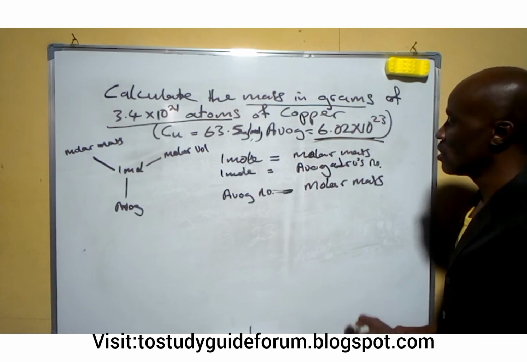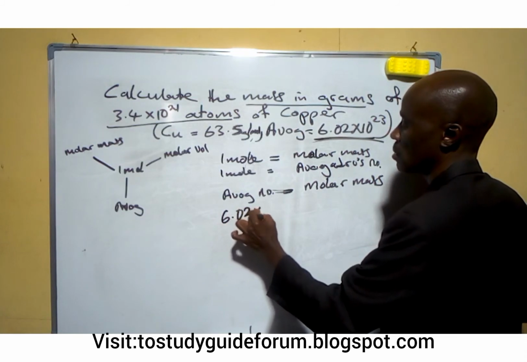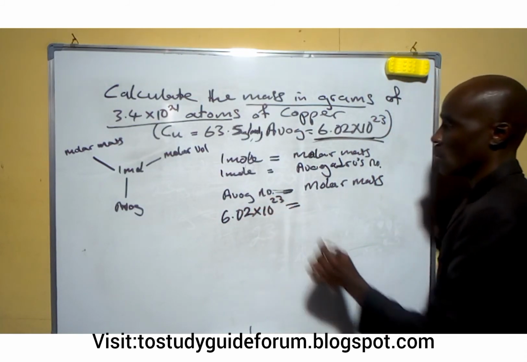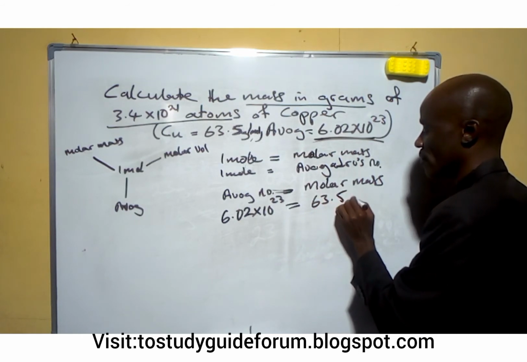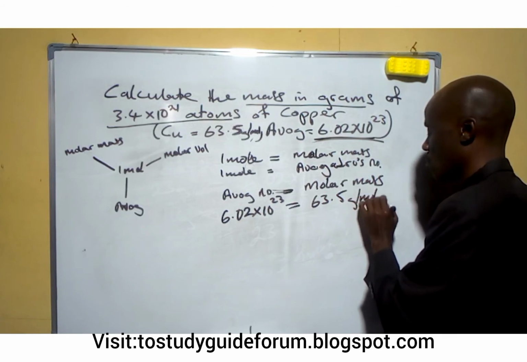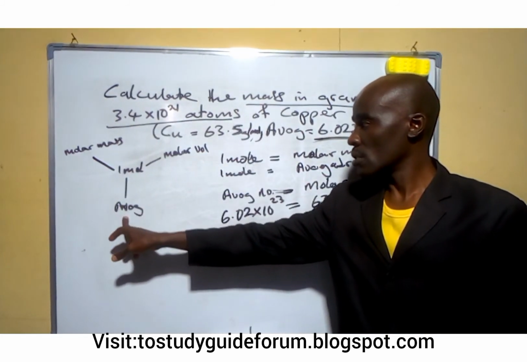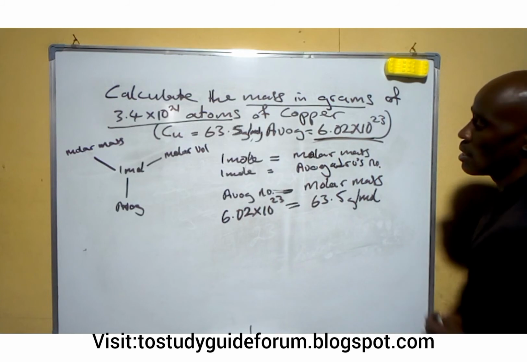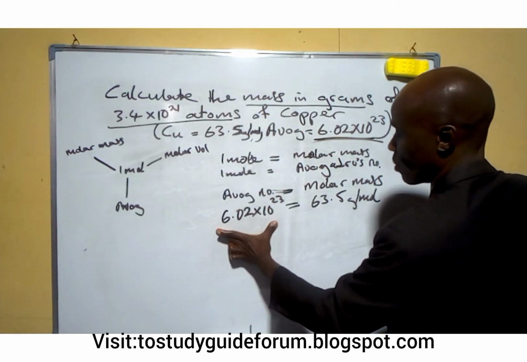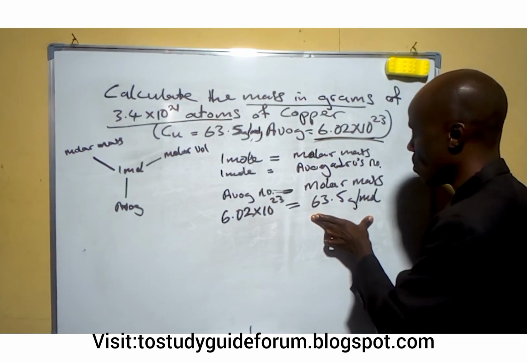That means Avogadro's number is equal to 63.5 grams per mole. That is what we're able to find out from this statement, since 1 mole is equal to this and also equal to that. So the number of atoms is equal to the grams per mole, that is the molar mass.